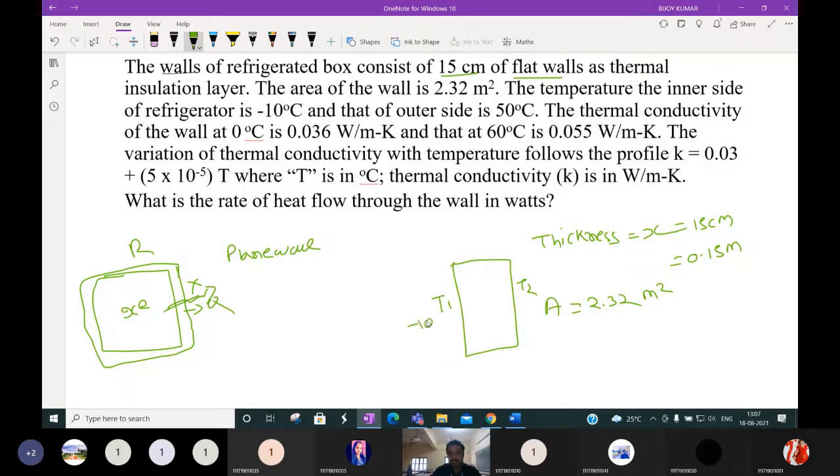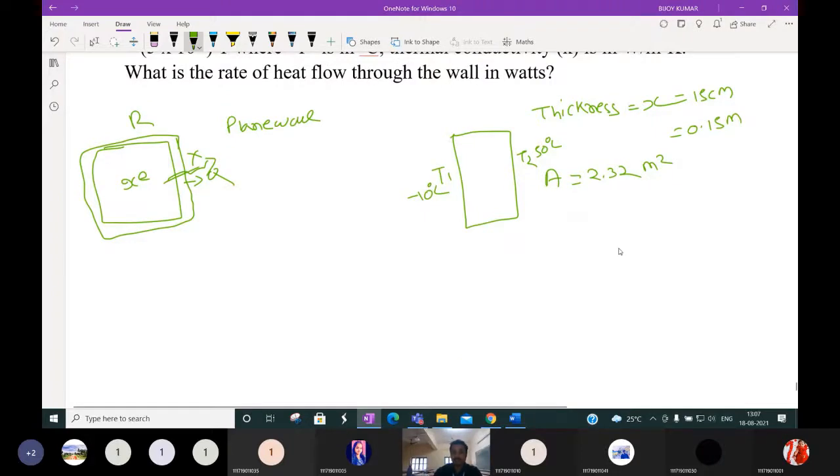Inside temperature is given minus 10 degrees centigrade. Outside temperature is given 50 degrees centigrade. So I can write T1 is equal to minus 10 degrees centigrade, T2 is equal to 50 degrees centigrade. A is given 2.32 meter square. X, the thickness, is given 0.15 meter.